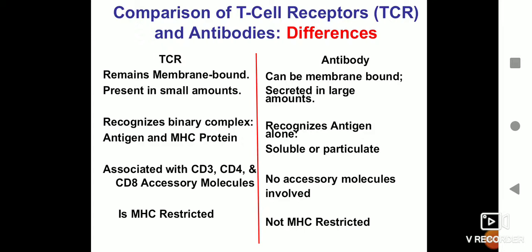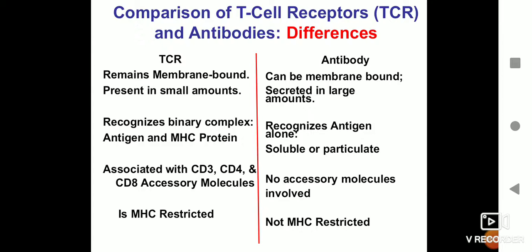The third difference between TCR and BCR is that TCR does not function alone. It is associated with many other accessory molecules like CD3, CD4, CD8. All these are co-receptors which are mandatory for the TCR to function completely.